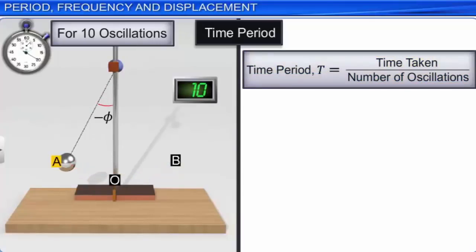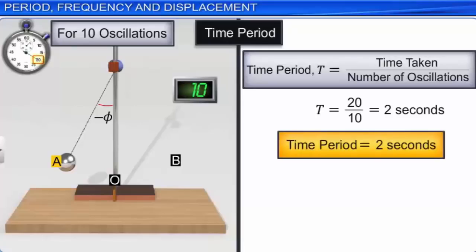If the pendulum takes 20 seconds for 10 oscillations, the time period of the simple pendulum will be equal to 20 divided by 10, which is equal to 2 seconds. Therefore, the time period of this simple pendulum is 2 seconds.